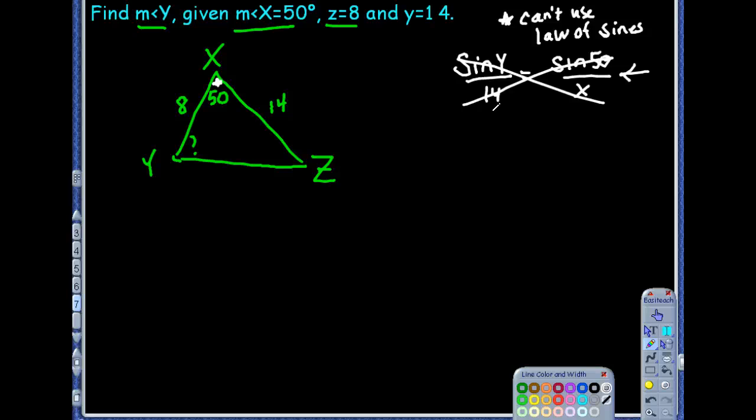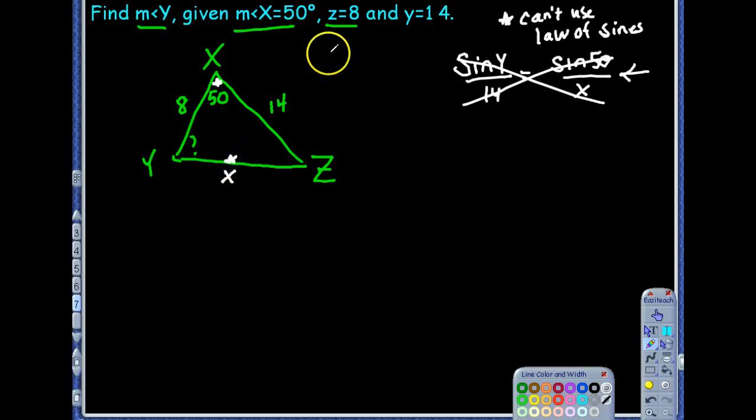And I love that. And here's the deal. She's basically saying we have to find this side. I'm just going to call it X, before I can find that angle Y. And guys, if you're not sure, just think, okay, if I could use a law of sines, what would it look like? And if you see two unknowns, well, then we have to use the law of cosines. So if we set up using the law of cosines, we have to find this first.